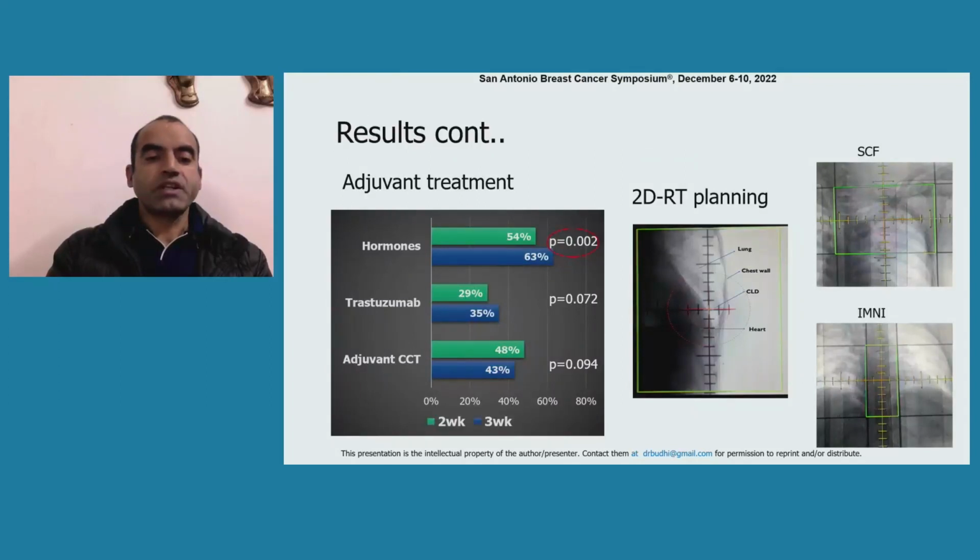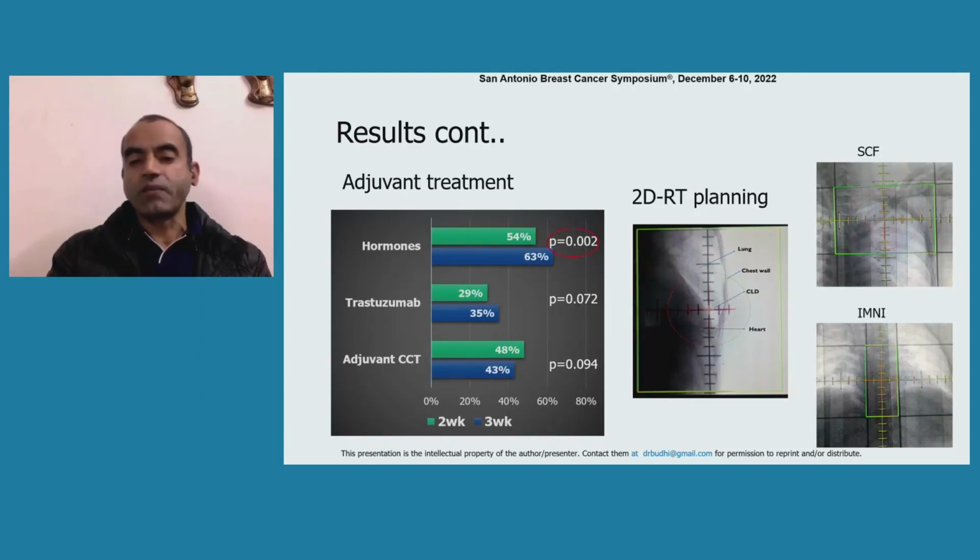So the systemic treatment, chemotherapy and trastuzumab, was well balanced between the two arms, but hormonal therapy was more in the 3-week arm because of more estrogen positive tumors. And the figures on the right side show the radiotherapy planning on a 2D simulator, with the central lung distance kept around 1 to 2.5 centimeters, and the supraclavicular fossa was treated by a single incident field.